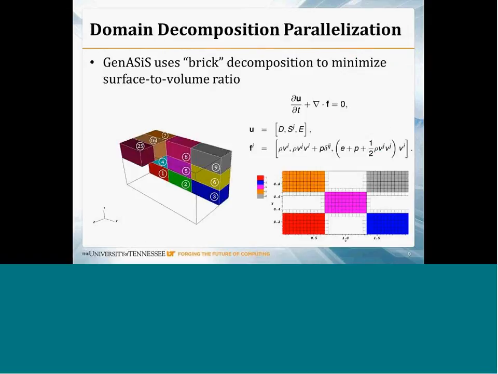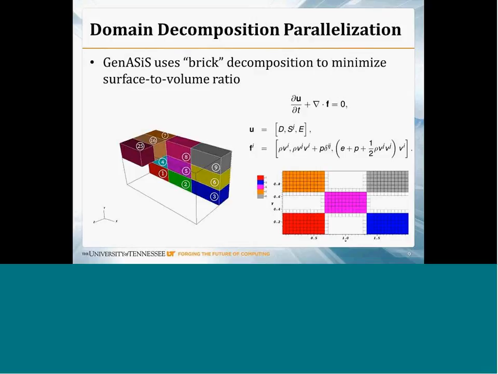In Genesis, we use domain decomposition, where we basically decompose our mesh into multiple grids, and that's distributed over different processors. This is just a simplified example where we have 27 processors, and you can see here the numbering is basically the processor assigned to work on this grid.